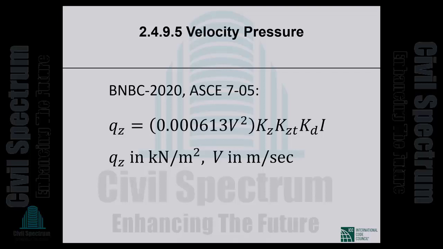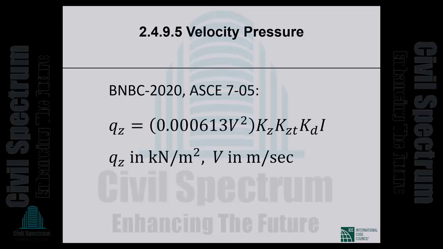In Bangladesh, it will be z meters or whatever. q sub h would be the velocity pressure at the mean roof height level of the structure. Mean roof height is something I will define just a little bit later on. Okay, so q sub z, q sub h.